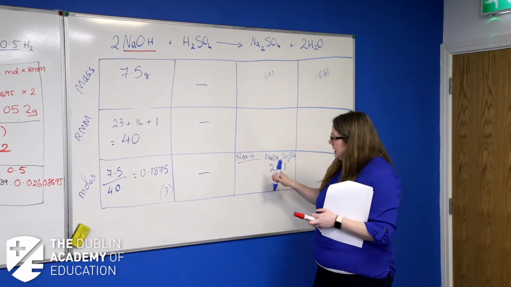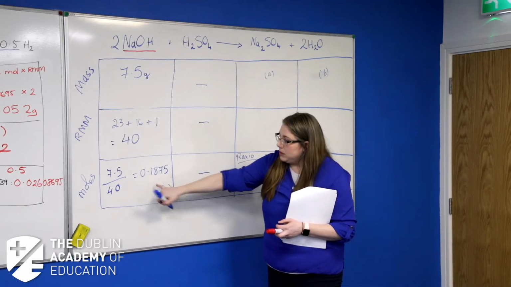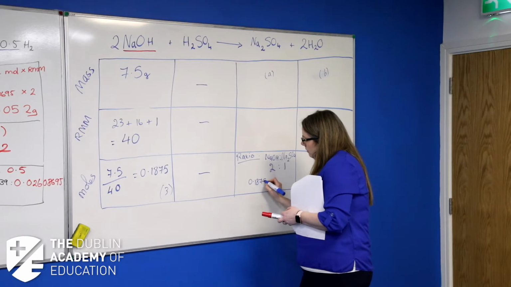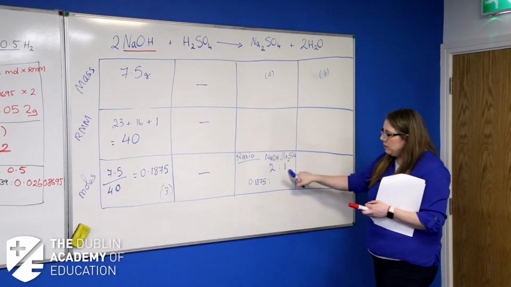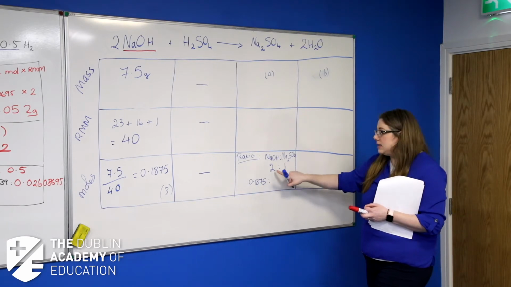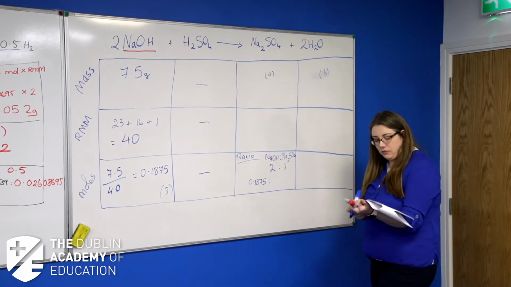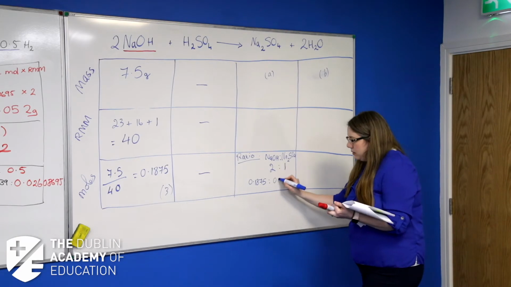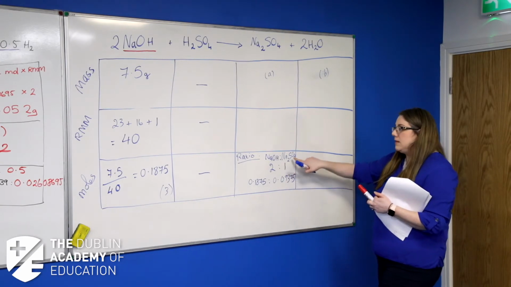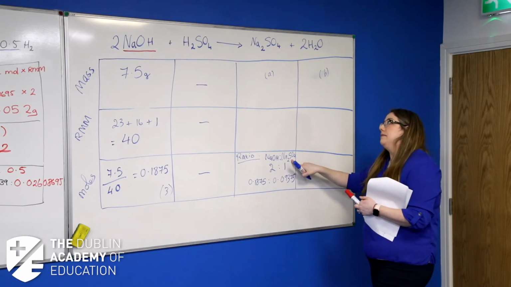Now, we didn't have 2 moles, we had 0.1875. And to find out how many moles of your sodium sulfate you have, you divide this by 2, because it's a 2 is to 1 ratio, which is going to be 0.09375. And that's how many moles of sodium sulfate are formed in that reaction.